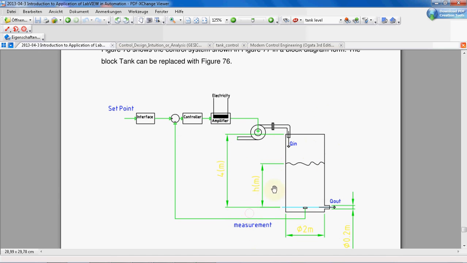See, we have a tank here, a pump, a controller, an amplifier, and also an interface for giving our set point.